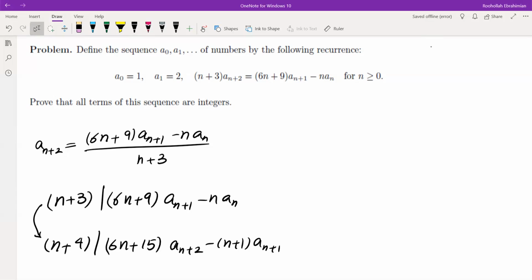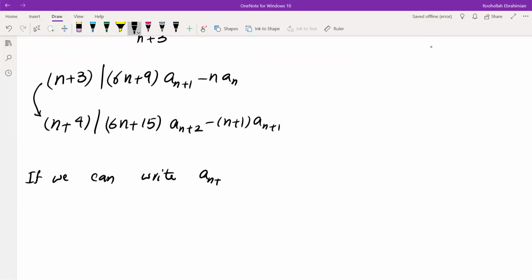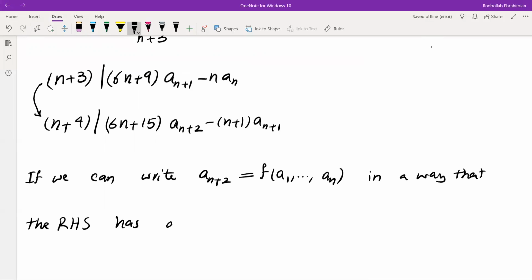But if we can somehow turn this recursion into a recursion that doesn't involve n plus 3 in front, so that we can write a_{n+2} as something in terms of a_1 all the way to a_n, in a way that the right-hand side has all integer coefficients, basically integer terms, then we are done.